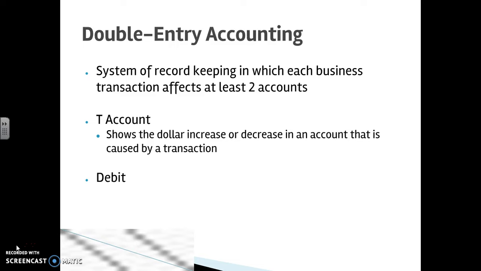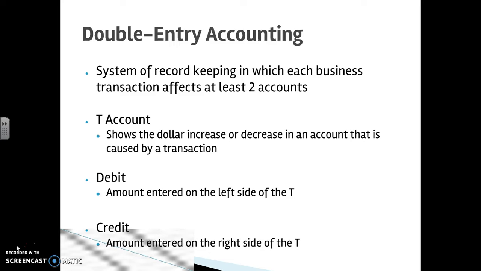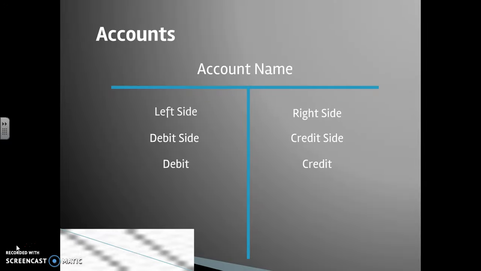In a T account, and in accounting in general, anytime an account is affected by a business transaction, the account will either be debited or it'll be credited. If we debit the account, the amount is going to be entered on the left side of the T. If we credit the account, the amount will be entered on the right side of the T. Here's an example of a T account.